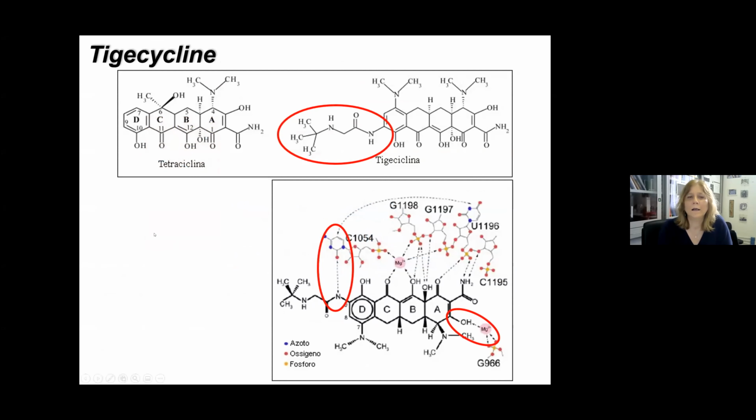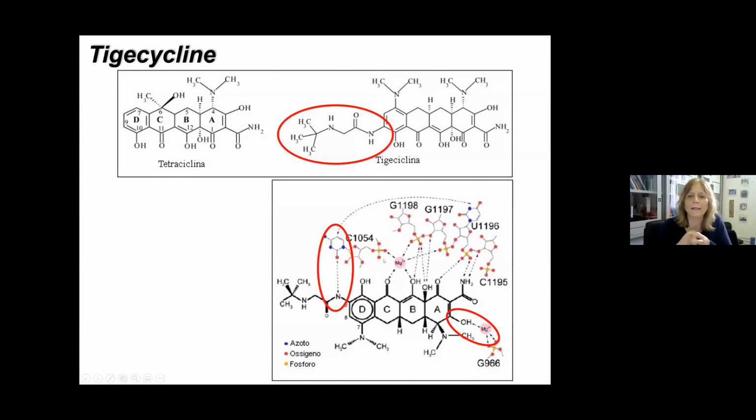Tigecycline is a nice drug, a derivative of tetracycline with the addition of one group. This group has been included in the molecule because it makes two links with the 16S RNA instead of one, as done by tetracycline.